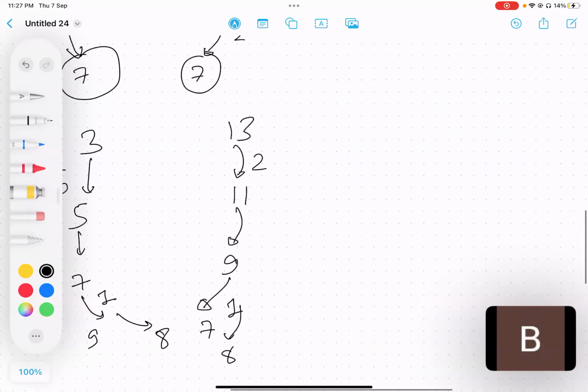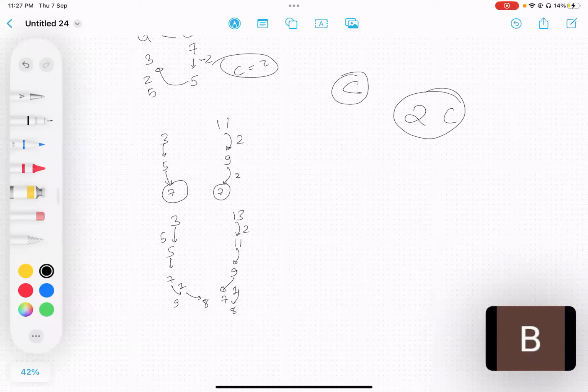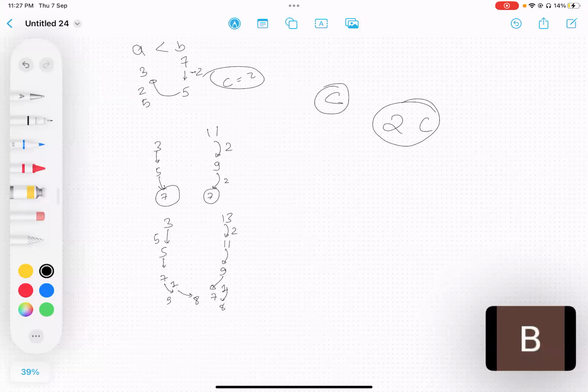So basically, you can remove C from here and add C there. So in one operation, you are reducing the difference by 2 times C. What I did was, let's say we had 3 and 11, so let's find their difference, which is 8.